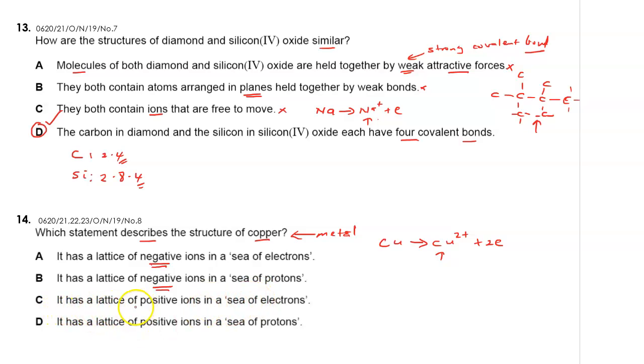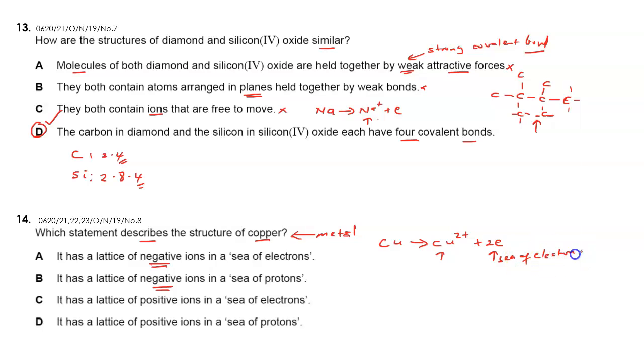C, it has a lattice of positive ions in a sea of electrons. So if each copper atom releases 2 electrons, for example, if you have 100,000 copper ions, then you'll have 200,000 electrons, and that is what we call the sea of electrons.